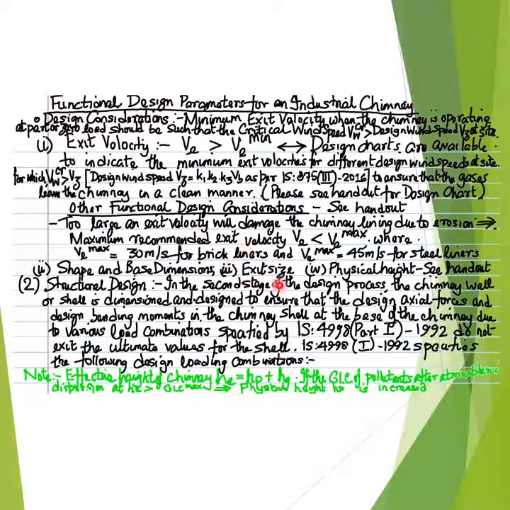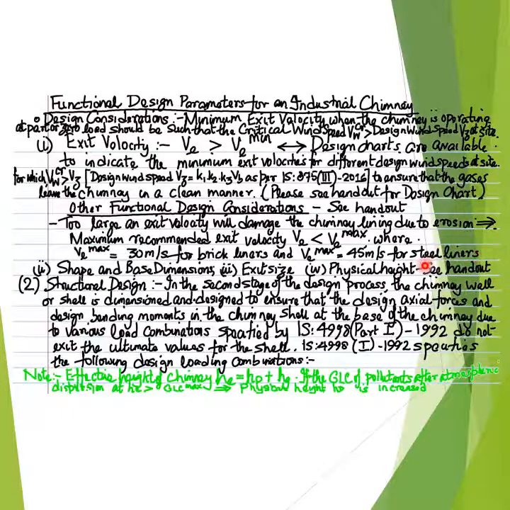And the exit size of the industrial chimney, as well as the physical height of the industrial chimney, all of which, that is the shape and base dimensions, the exit size and the physical height of the industrial chimney, are common and overlapping parameters that are common to both the functional design as well as structural design of the industrial chimney.